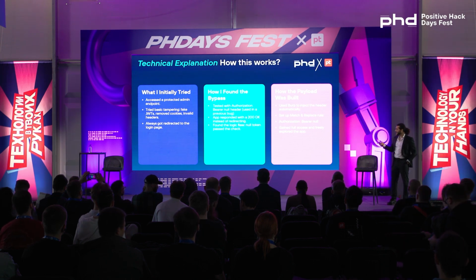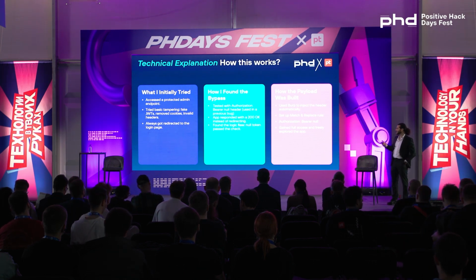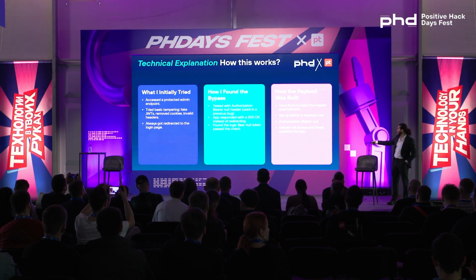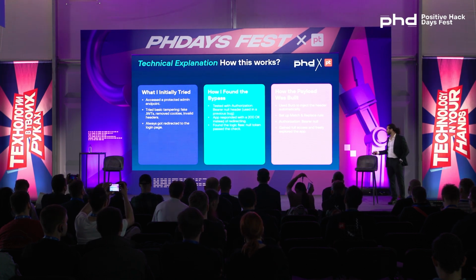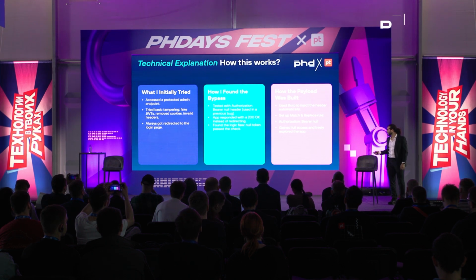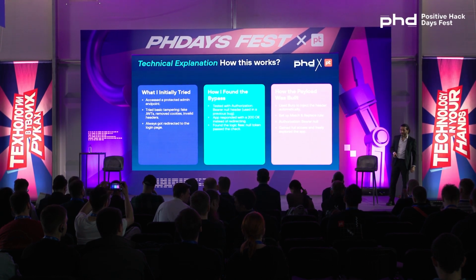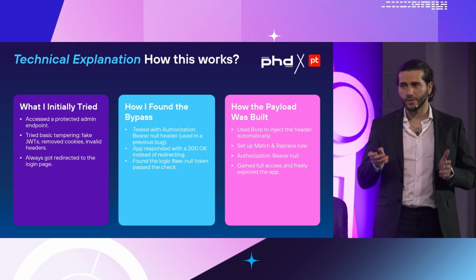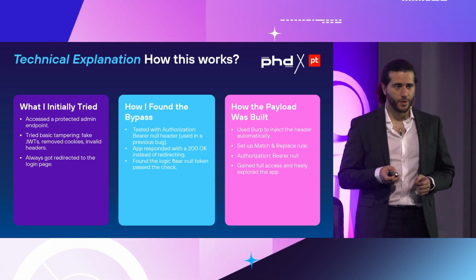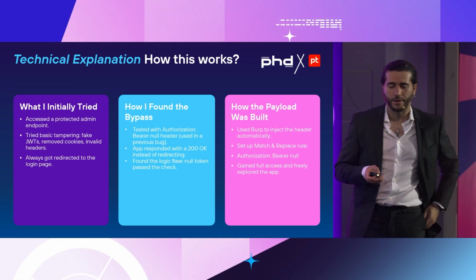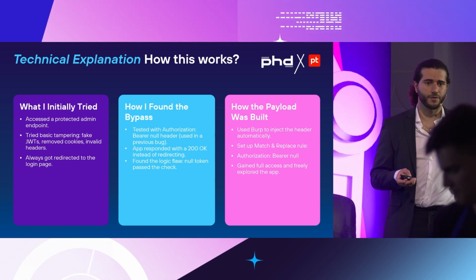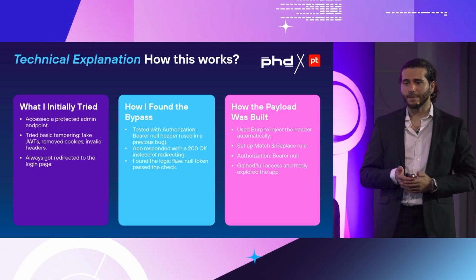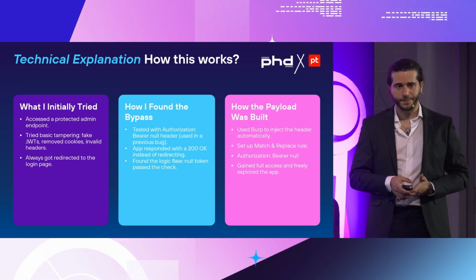But what I tried was testing with authorization bearer null, like you can see here in the header, and the application responded with a 200 OK instead of redirecting. So this was a straightaway bug that granted me access to a very specific endpoint which was protected by authentication, and the application failed to protect its users by not validating what is actually being sent in the JWT.